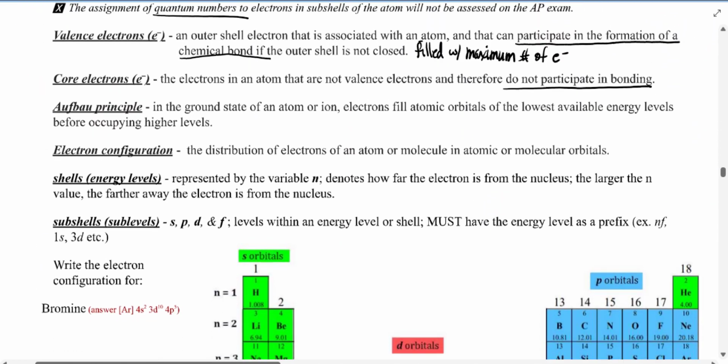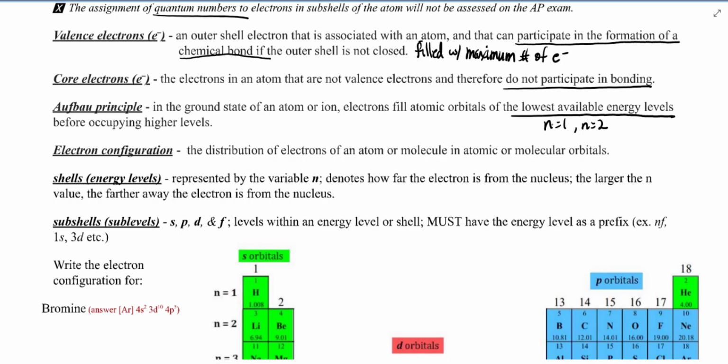Aufbau principle: in the ground state of an atom or ion, electrons fill atomic orbitals of the lowest available energy levels. That means energy level 1, energy level 2, etc. These electrons that are in energy level 1 don't have very much energy.